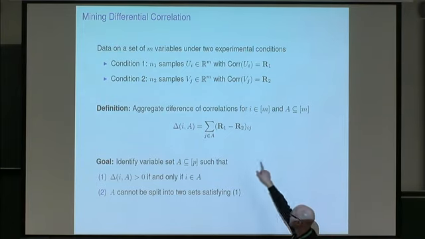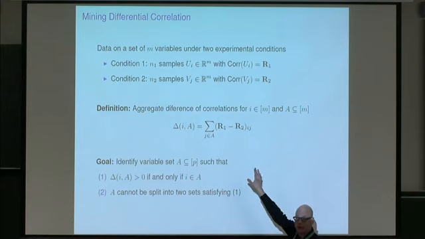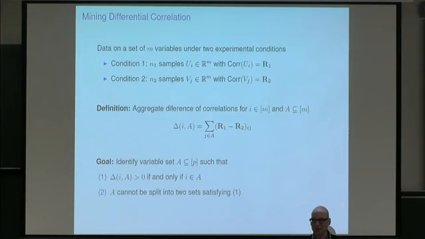I'm looking at the correlation of the variable I with variable j, and the difference of those correlations across the two conditions. It's the difference of the covariance matrices, right? These are numbers. Everything here is real numbers. There's no Banach space value to anything here. So this is super simple. There's nothing complicated about it.